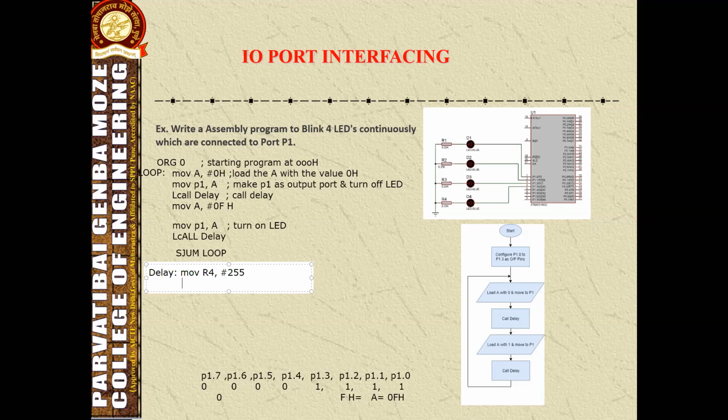Then after that, I am moving R5 with the value 250. Whenever it calls delay, first this instruction will be executed. First it moves into register R4 this amount. After this, R4 will become 255. Then it will come here.